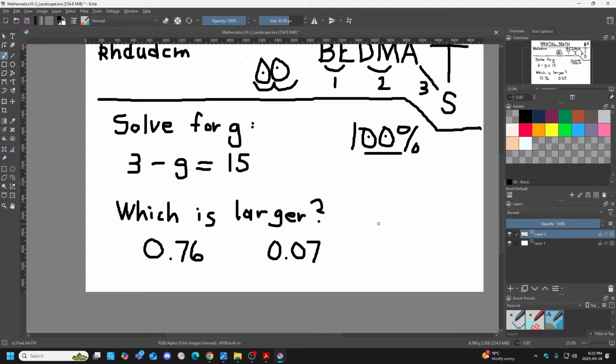Okay, solve for G. I'm going to leave it at that. I believe in you guys. I think you could do it. It's basic. I don't know, is this algebra? Sure. I'm telling you, this is basic algebra.